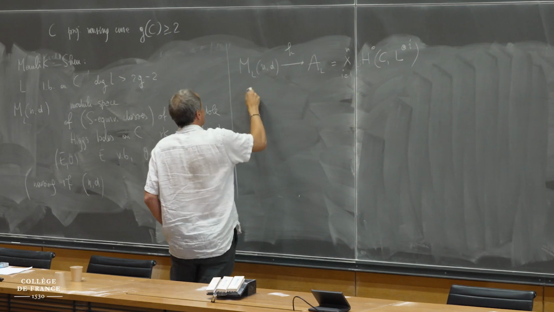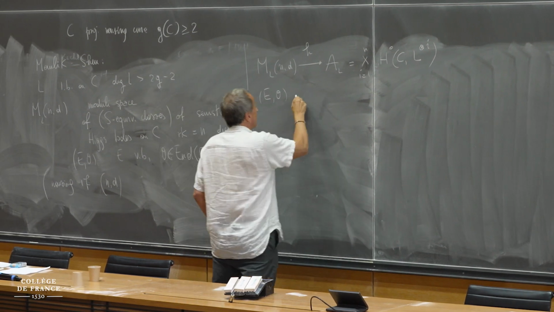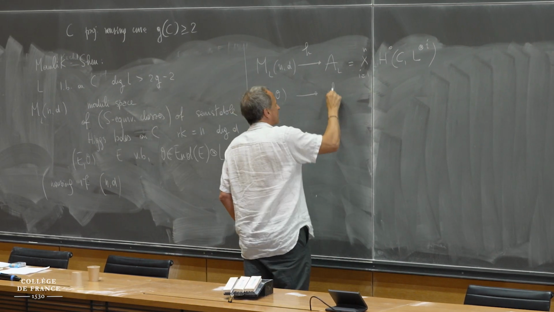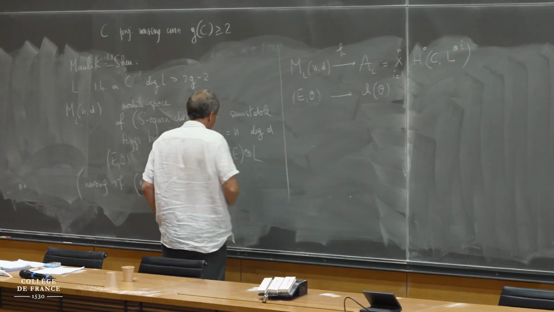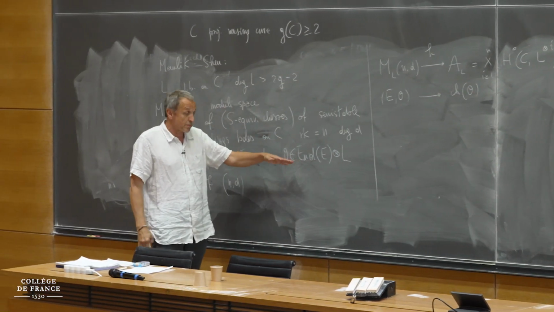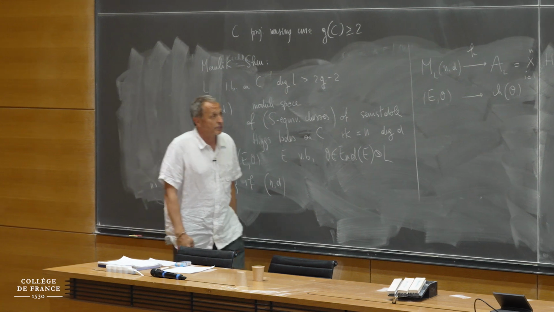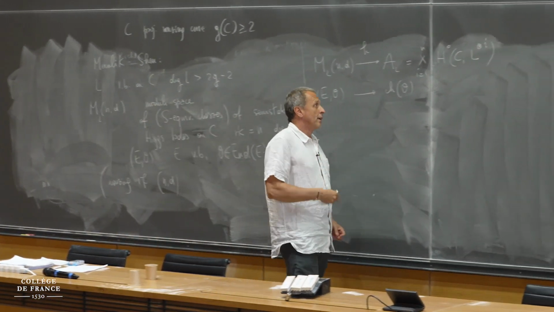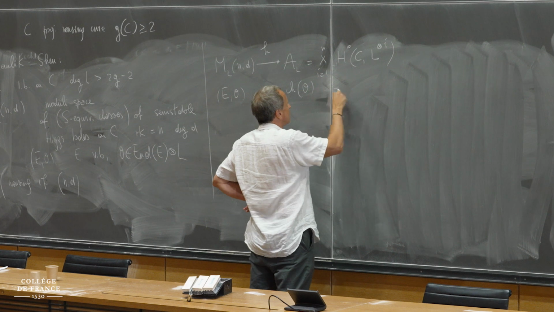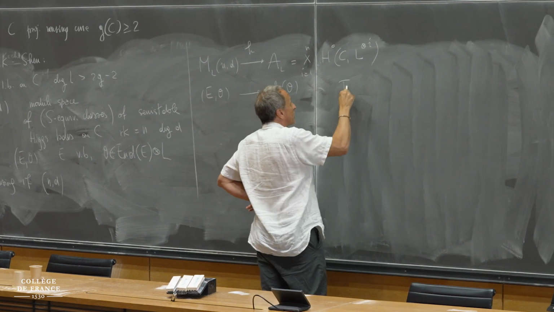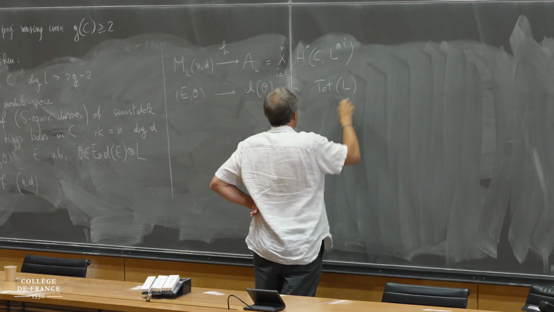It associates to a Higgs bundle the characteristic polynomial of this twisted endomorphism. Since the endomorphism is twisted, the characteristic polynomial lives naturally in the total space of L.